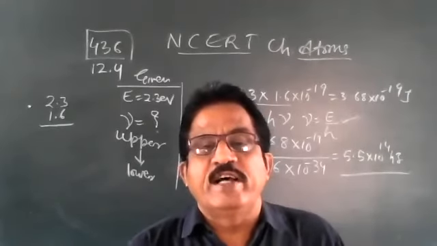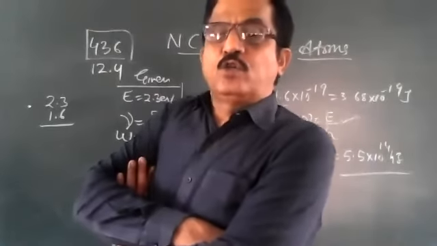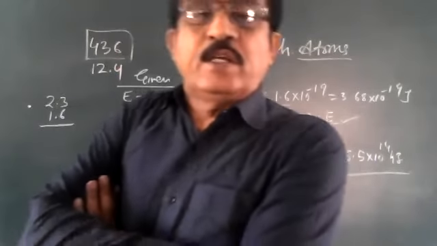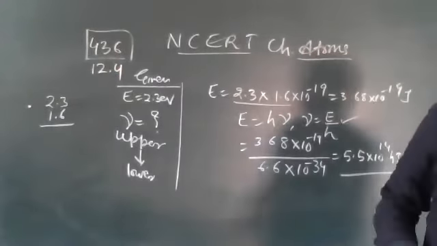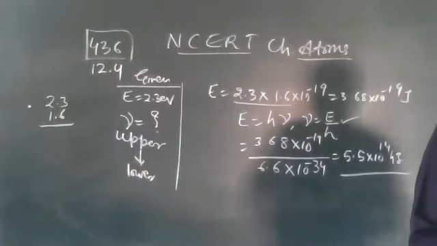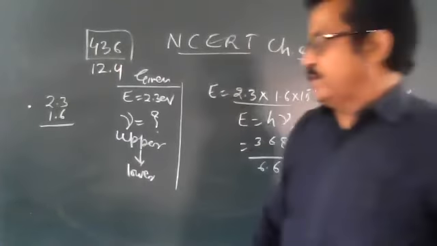So dear children, this is the way to solve the question. Now again, see the next question, that is 9.5. Sorry, 12.5. That is the ground state energy of the hydrogen atom.